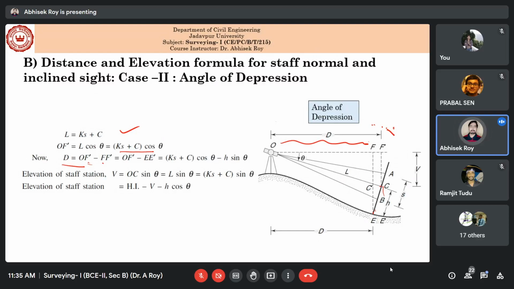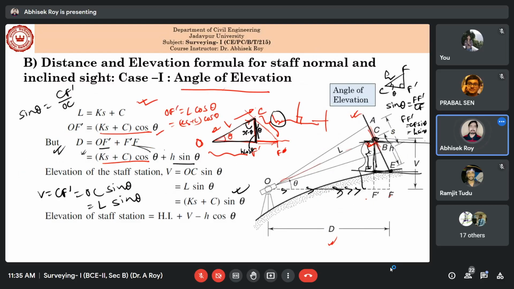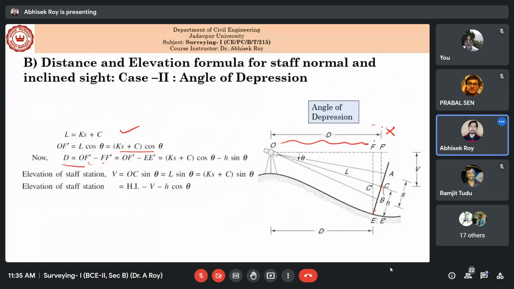D mark will be up to this one. OF is your D. This marking is wrong. So D is equal to OF, which will be equal to OF dashed minus FF dashed.